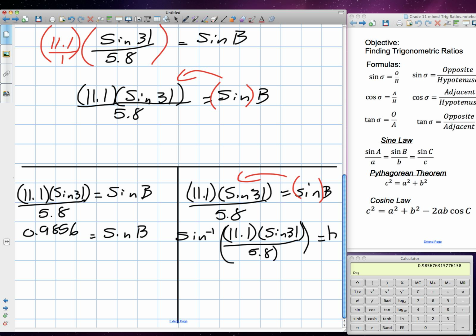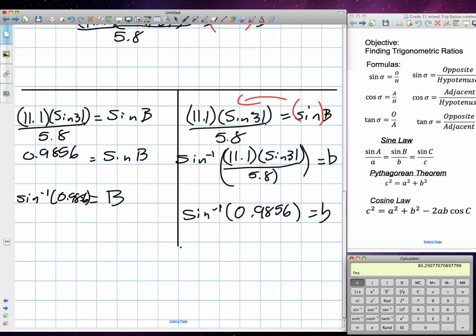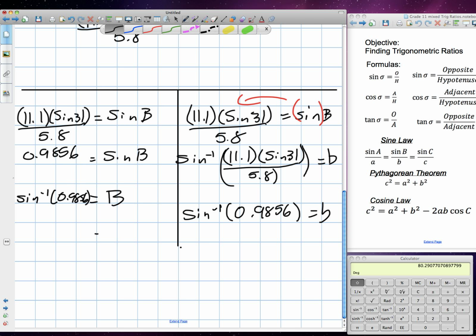Is equal to B. Now I need to move sine to the other side here, which means we get sine inverse of 0.9856. And we already know what this bracket's going to equate to because we just solved it. So we get sine inverse of the exact same thing on this side. So it doesn't matter what order you do these two in. As long as you follow them properly, you'll still get the same answer. So sine inverse of that, shift, sine inverse, 80.2.